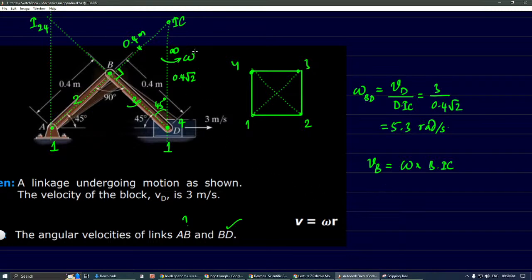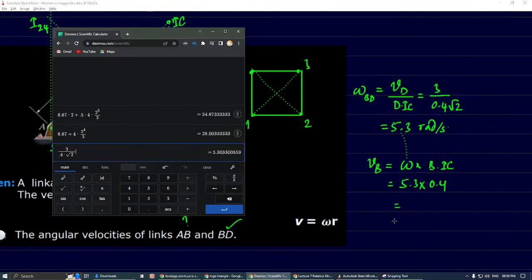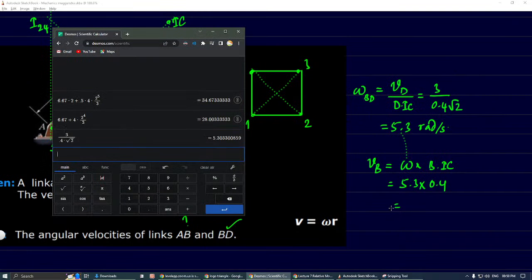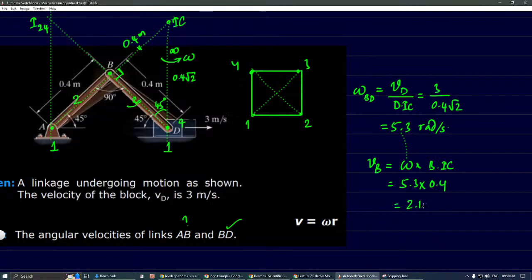This velocity we found just now is used here: 5.3 into this length. That length is 0.4 now. What do we get? 2.12. So this is the velocity at B, and it will be in this direction, right?